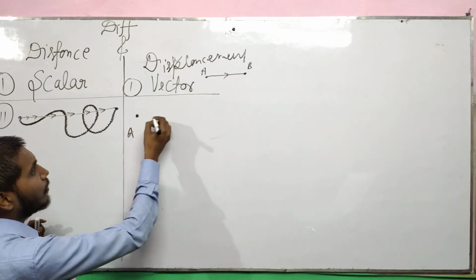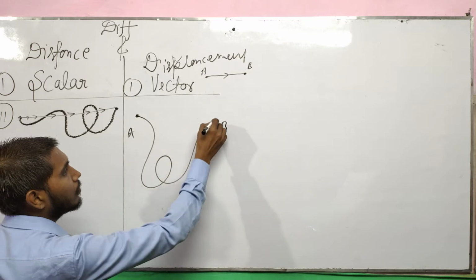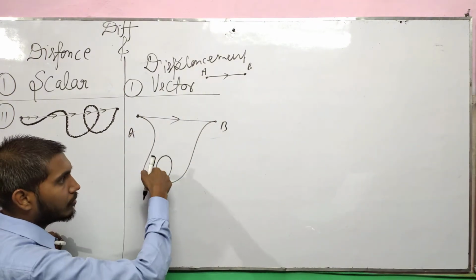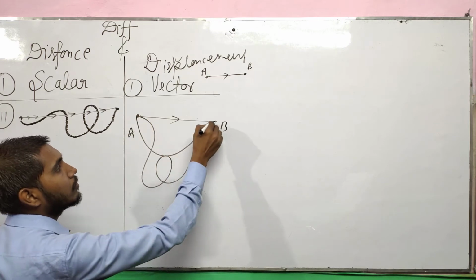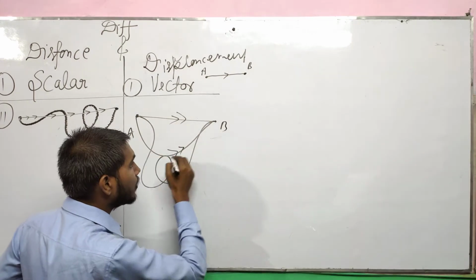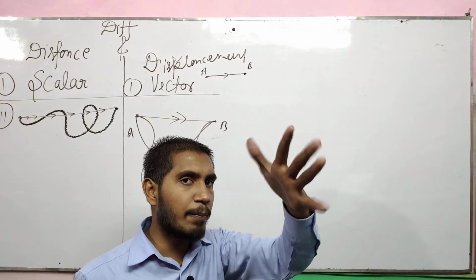Let's say it is initial point, and it is final point. Displacement is this, not this. Displacement is also this, not this. Displacement does not depend on the shape of the path.